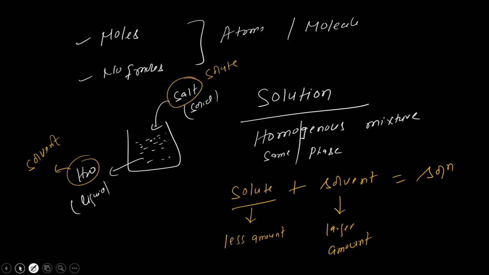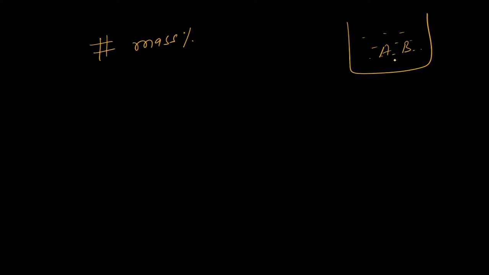Now have a look here. We have to study a new term, mass percentage. So what is mass percentage? We have taken a solution. A solution must have two components, A and B. Either of the two may be solute or solvent. One will be solute, the other will be solvent. Suppose this is A, its mass is Ma, and B, its mass is Mb.